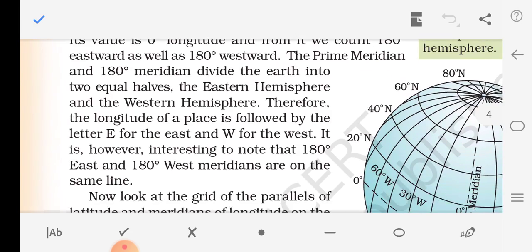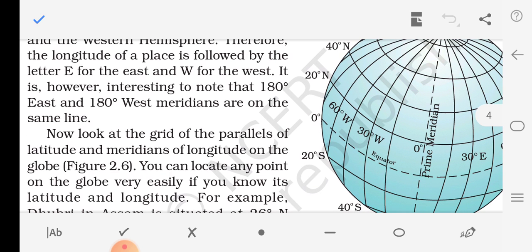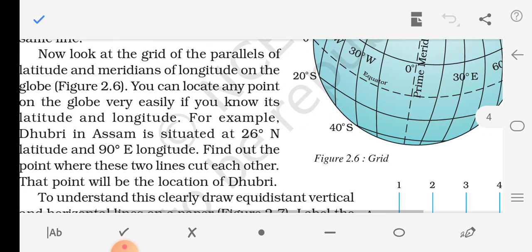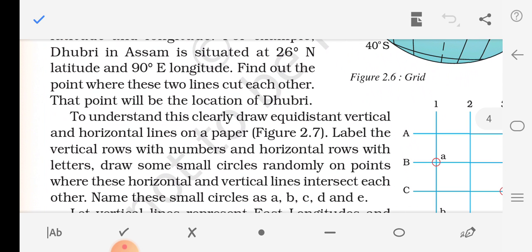Look at this image, you will understand what the prime meridian is. The 0 degree latitude is known as the equator. Same like that, 0 degree longitude is known as the prime meridian. What is it known as? Prime meridian.